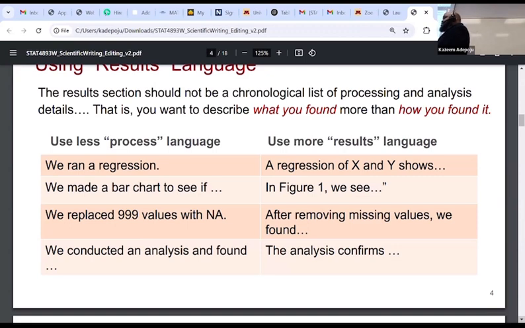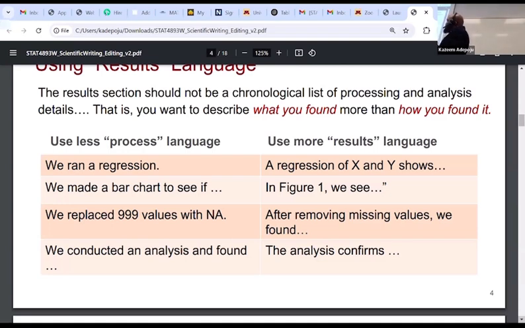The result language would say Figure 1, because you're going to label the bar chart as a particular figure, illustrates the distribution of Y. If Y is the response variable, the essence of the bar chart is for us to see the frequency of that random variable, because the random variable here is categorical.